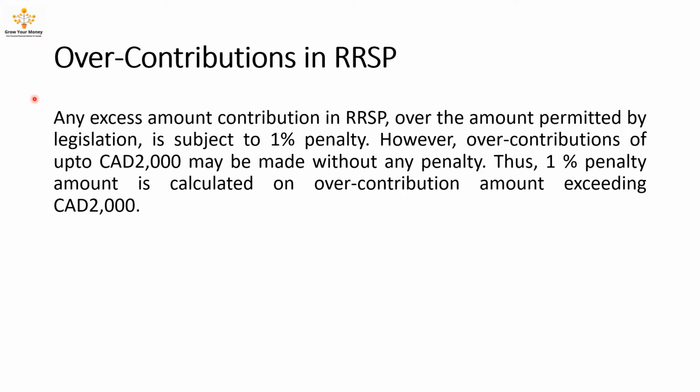Any excess contribution in an RRSP over the amount permitted by legislation is subject to a 1% penalty. However, over-contributions of up to CAD 2,000 may be made without any penalty. Thus the 1% penalty is calculated on the over-contribution amount exceeding CAD 2,000.